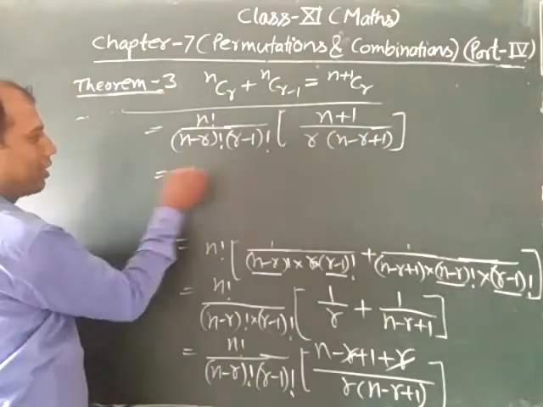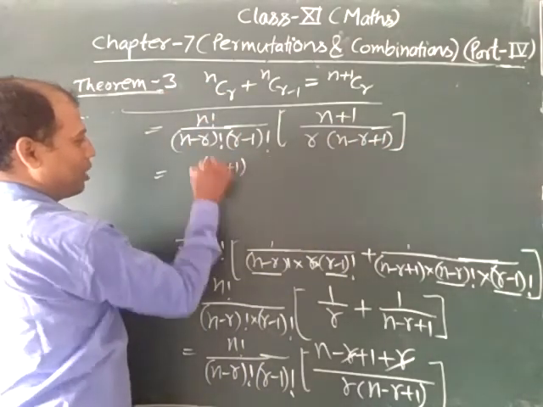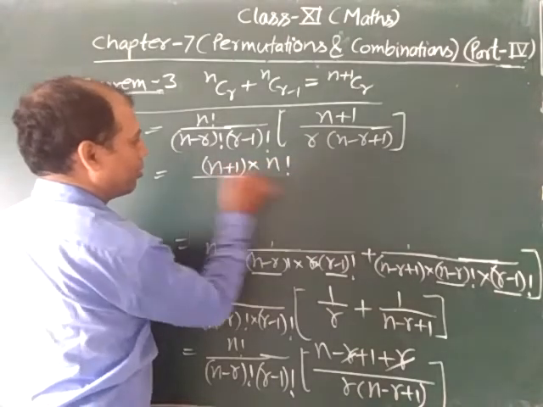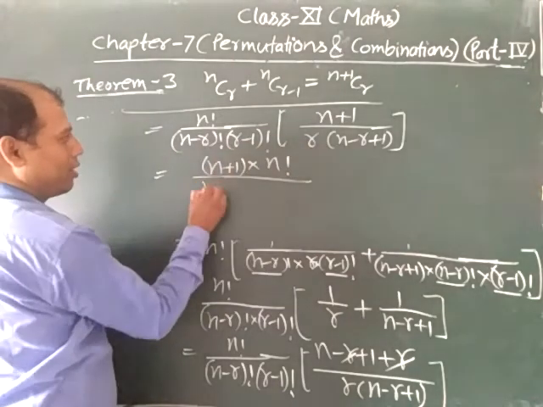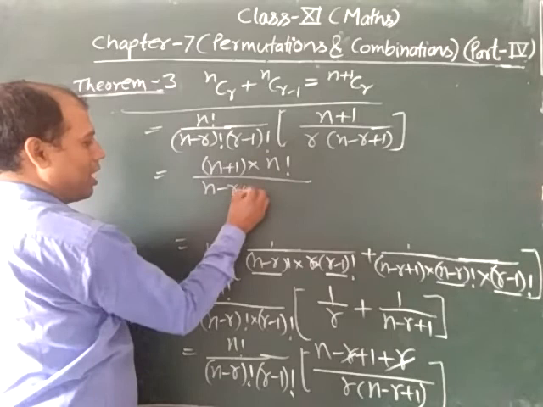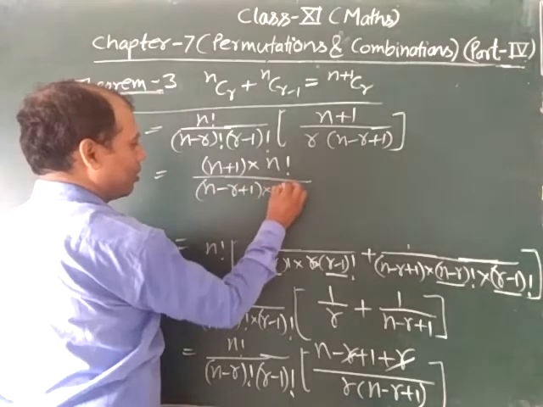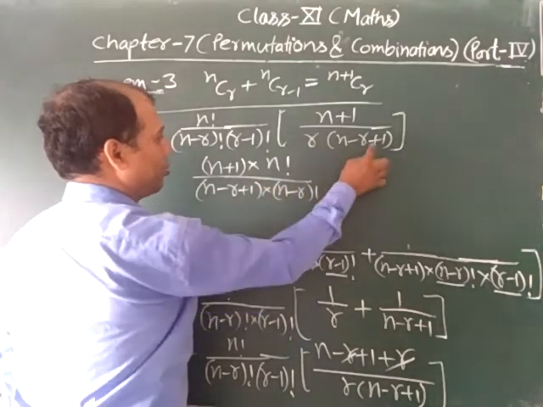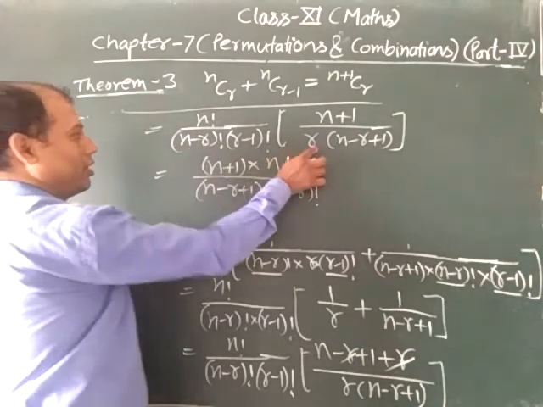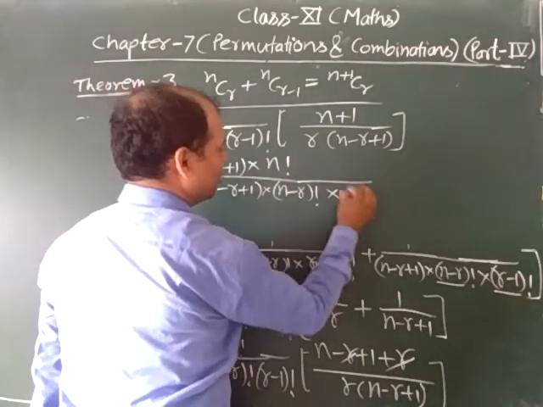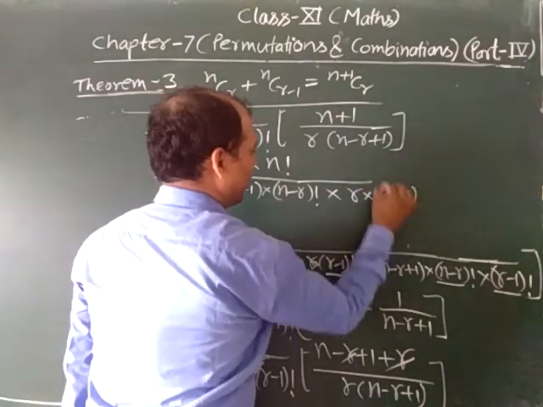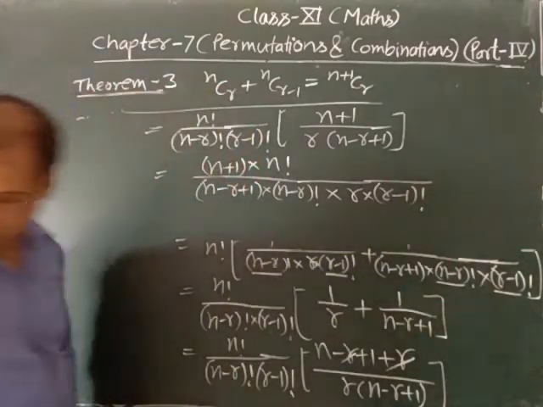Now we can write n plus 1 into n factorial multiplied by n minus r plus 1 into n minus r factorial. This term is written with this and this is written with this, r into r minus 1 factorial.